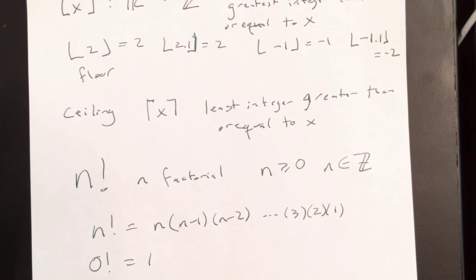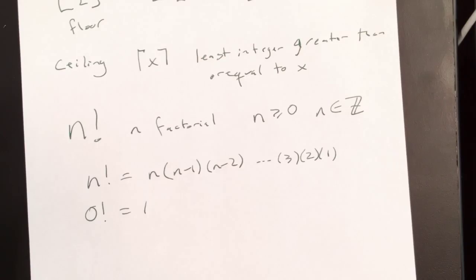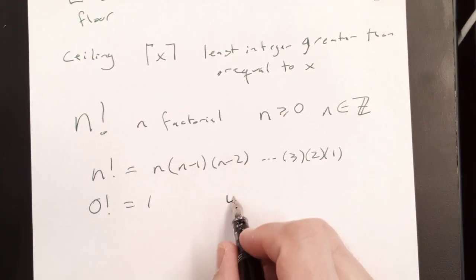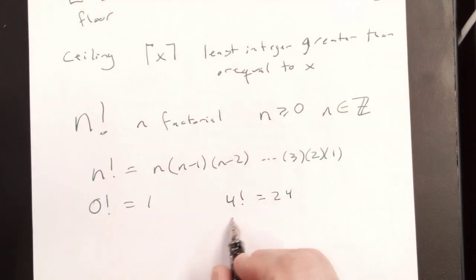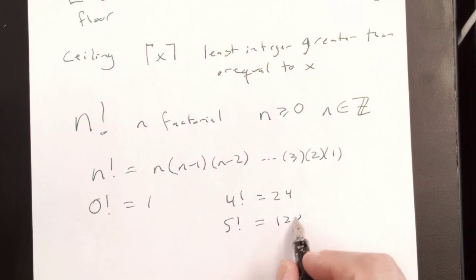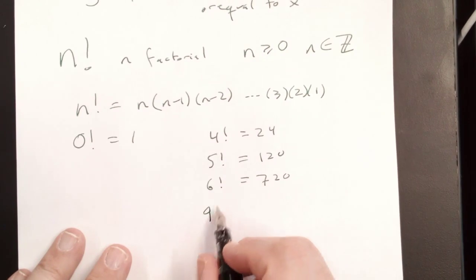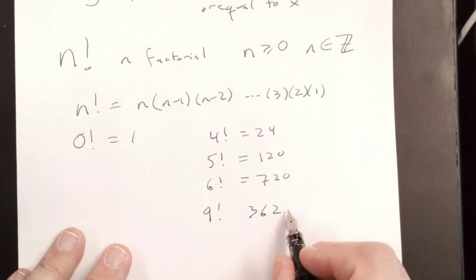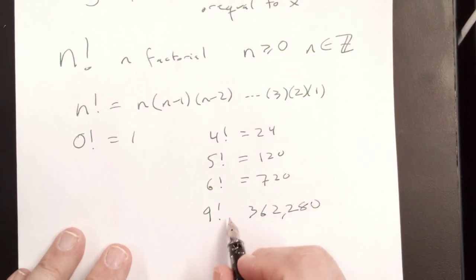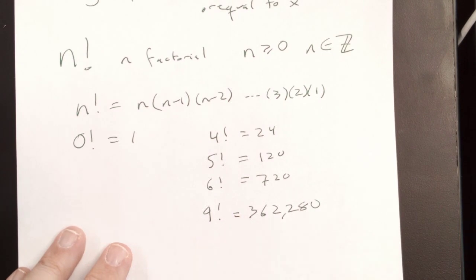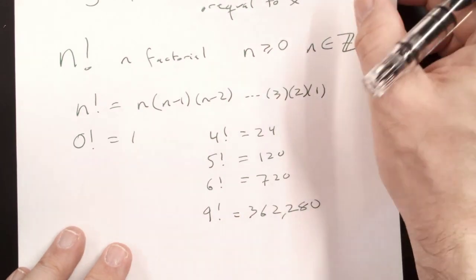By the way, just to show you, these numbers get really big really quick. 4 factorial is 24. 5 factorial is 120. 6 factorial is 720. 9 factorial is 362,880. These numbers get really big really quickly.